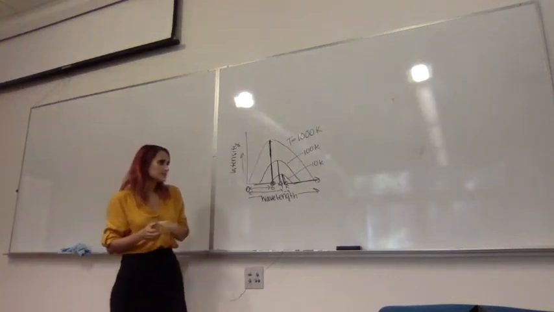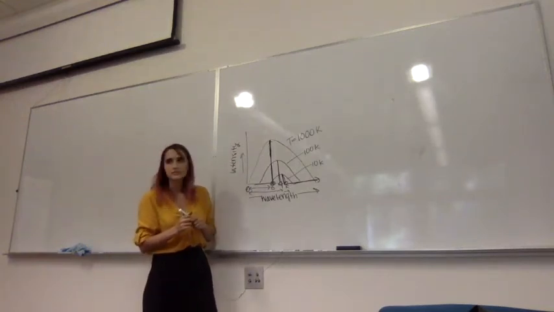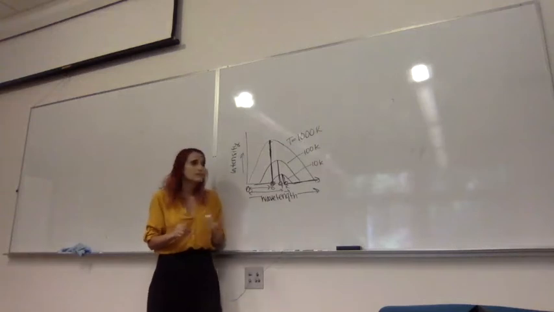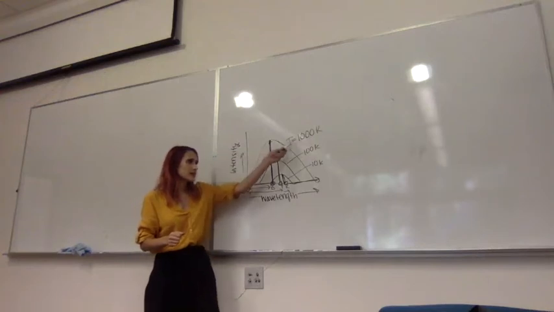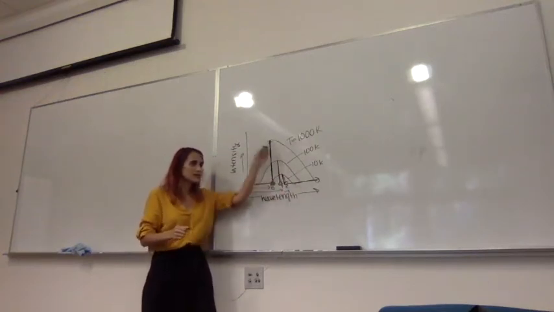So this, as measured by the peak, the peak wavelength is getting longer as you go this way. A cooler object has a longer peak wavelength than a hotter object.